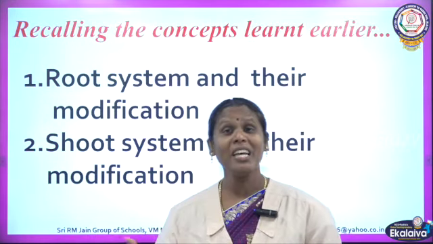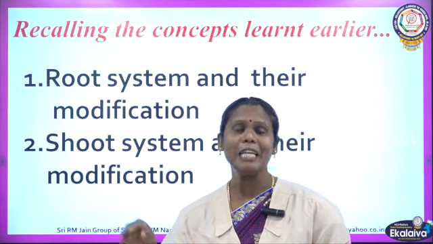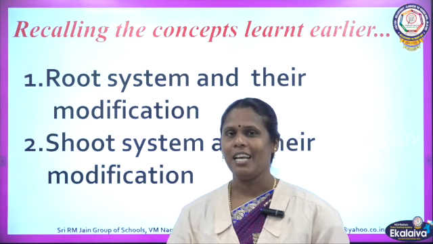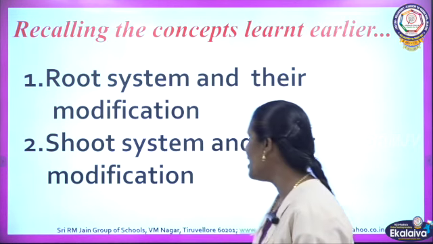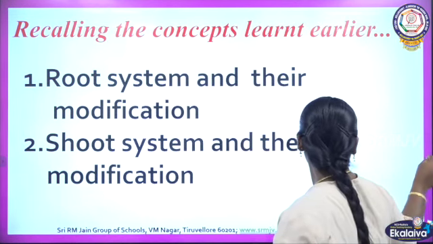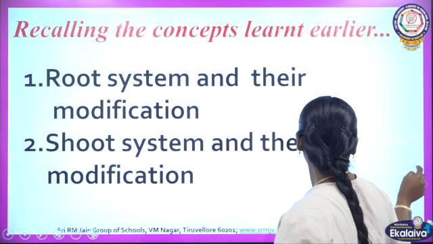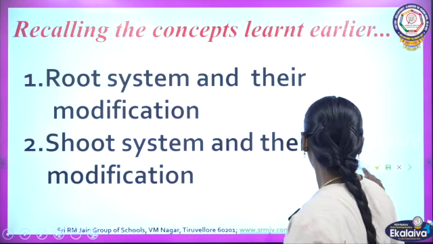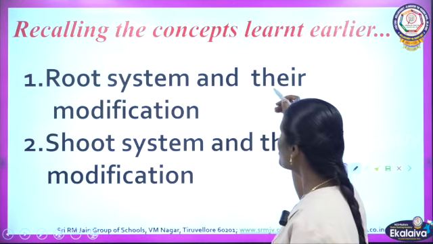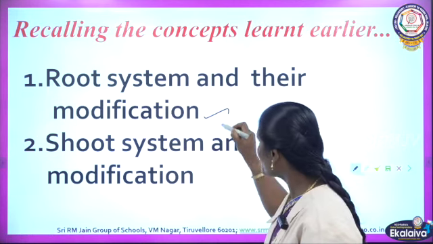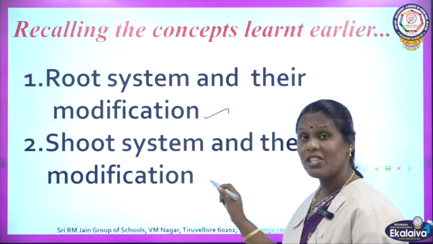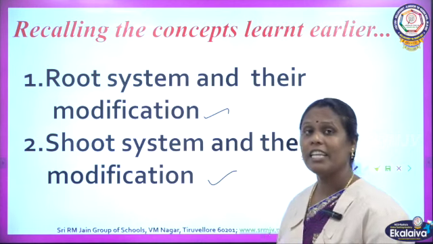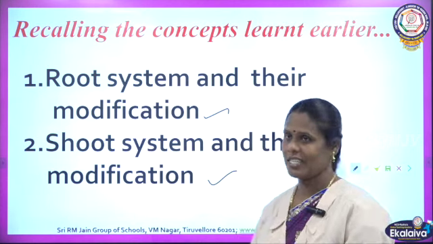Let's try to recall what we learned in the previous parts. Already we discussed two parts. In the first two parts, we discussed the root system and its modifications, and the shoot system and its modifications, right?